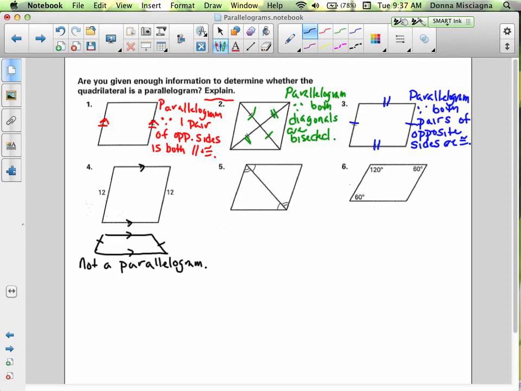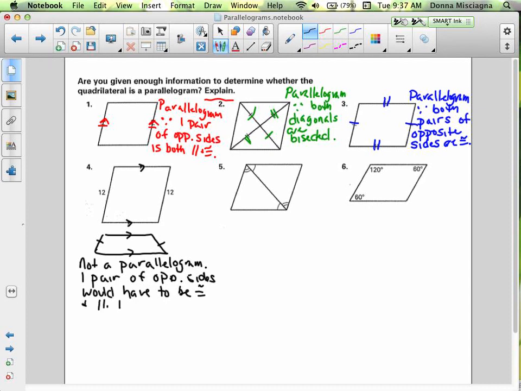Right? What's wrong with this one is that only one pair of opposite sides would have to be congruent and parallel. Right?